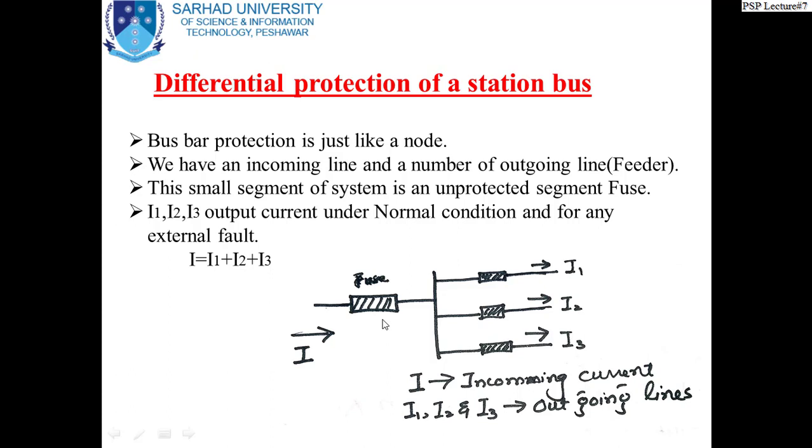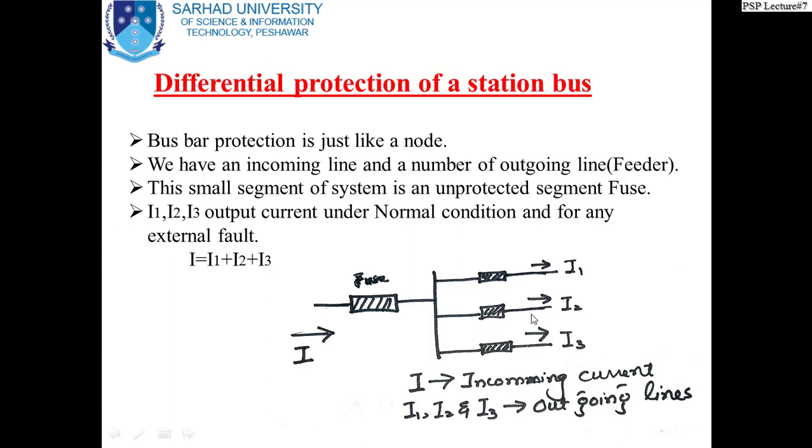Now, this is differential protection of a bus, a station bus. Gentlemen, in the grid station, the bus bar, which we normally call the bus, is a tubular aluminum rod where we have incoming lines and outgoing lines.